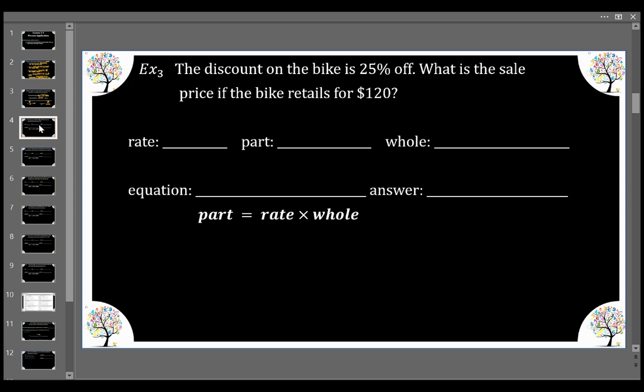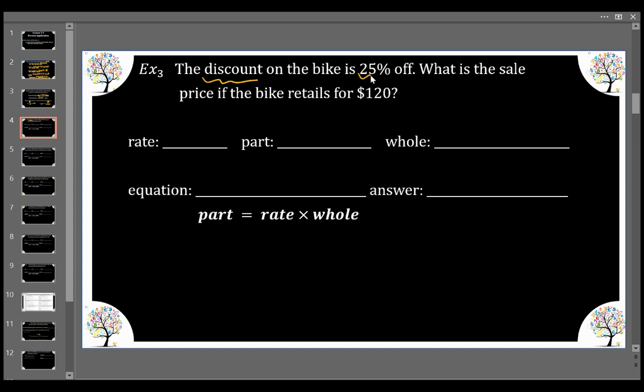So let's take a look at our first example. The discount on a bike is 25% off. We want to know what is the sell price if the bike retails or is originally $120.